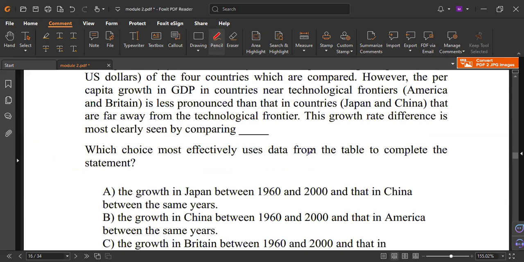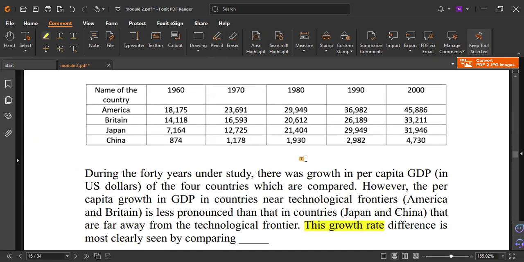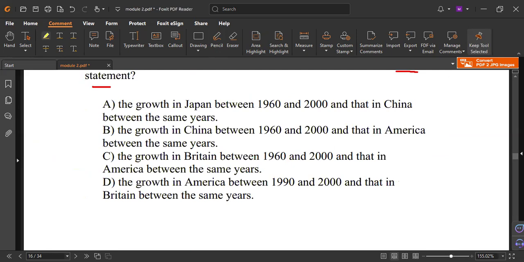Question first, quickly, to complete the statement. As I told you, to complete, read the last sentence quickly. This growth rate difference is most clearly seen by comparing. If I need to know what this growth is. Japan and China. So it's A? So we would like to make it A without reading.